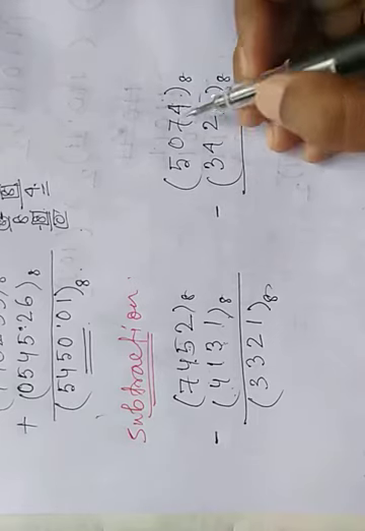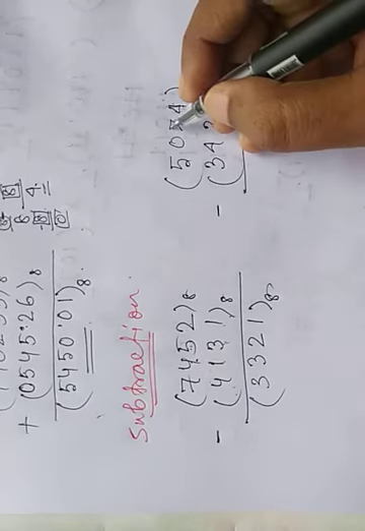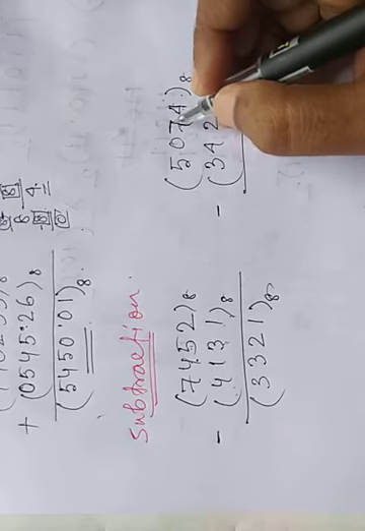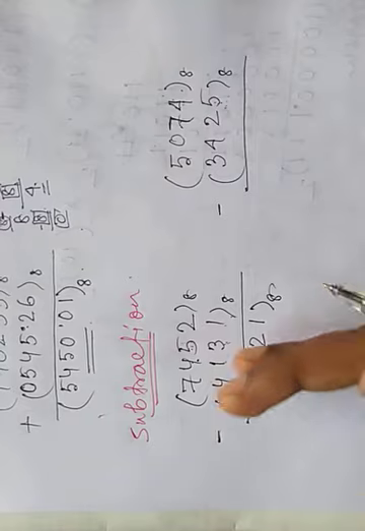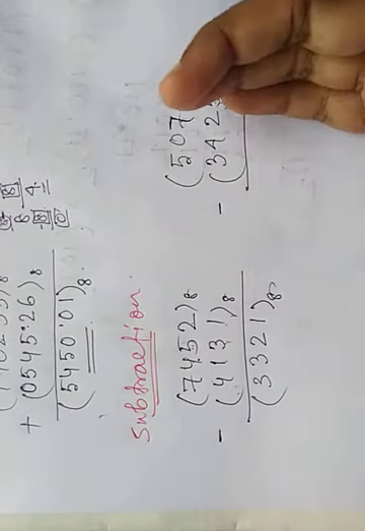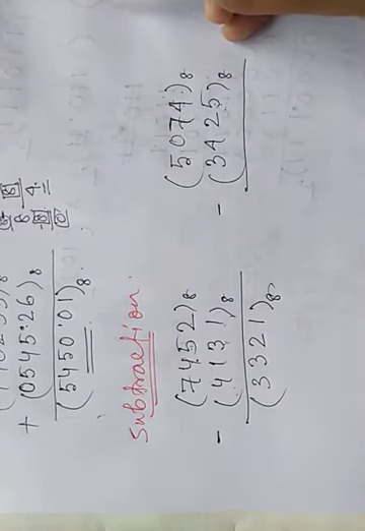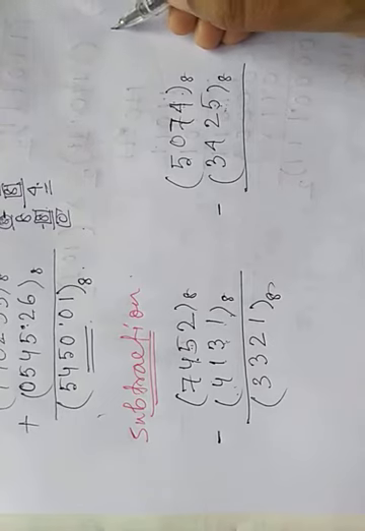Okay, so 4 minus 5, we have to take one value. Whenever we take any borrow from its previous digit, we always take its base number. You have already seen that whenever in our binary number system we took a borrow, 0 changes into 1 0.